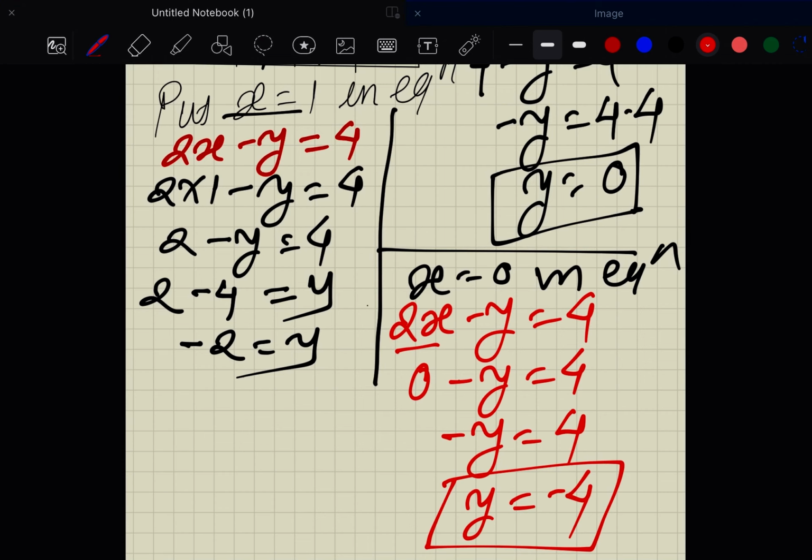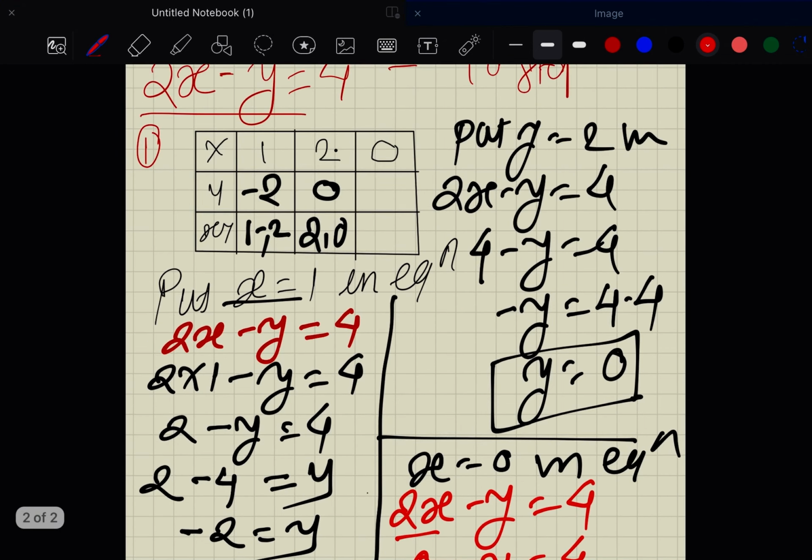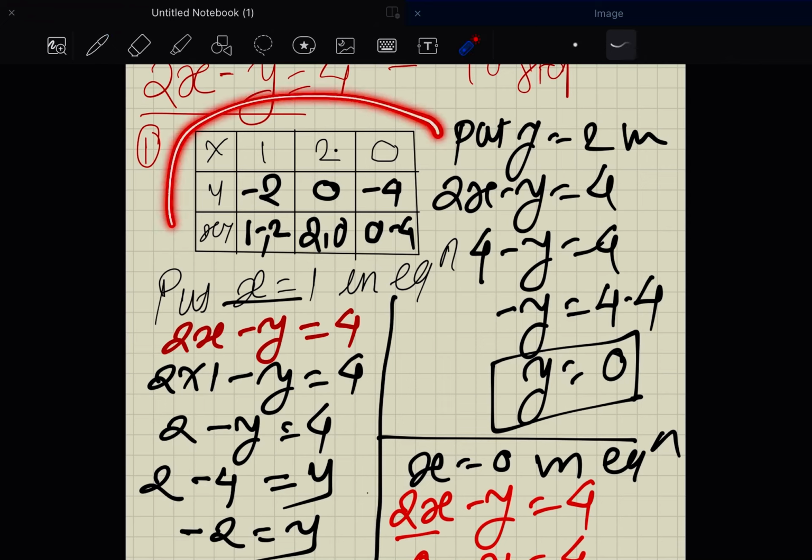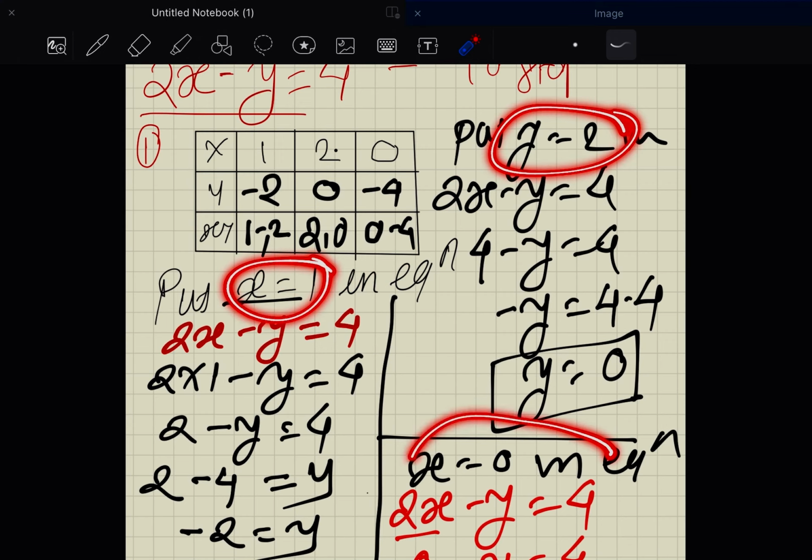So we have to put in 0, minus 4. So your coordinates are 0, minus 4. Likewise, we have to fill this table, assuming this is the first condition, this is the second one, and this is the third one.